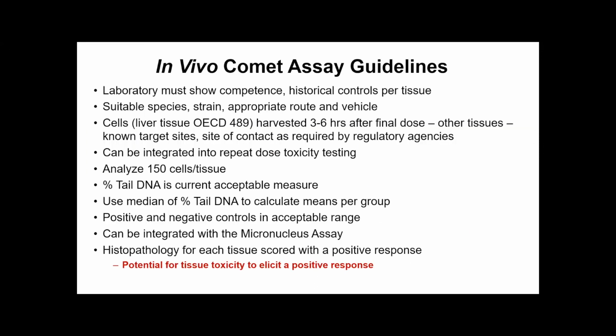So with the comet assay, you're scoring 150 cells per tissue. Percent tail DNA is what we use. And it's interesting, when we do the comet assay, we use the mean of the medians to calculate each group. So we take the median percent tail DNA of each animal out of the 150 that are scored for each animal, and then we do means per group.